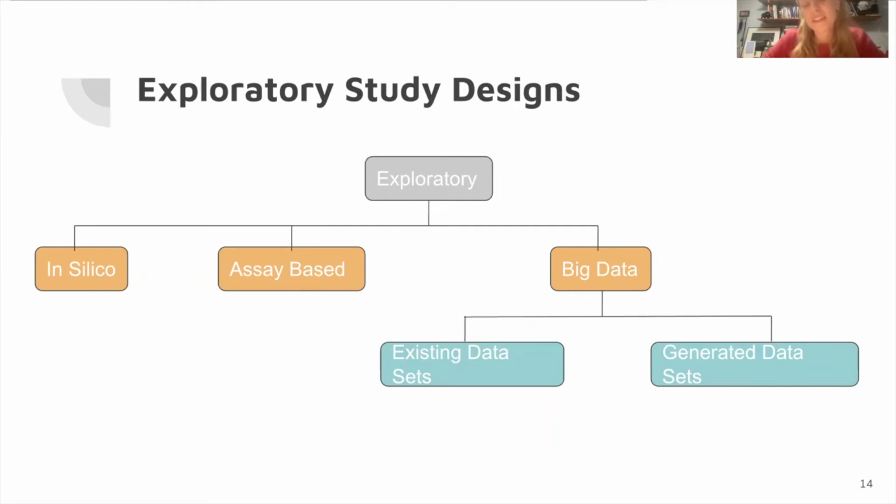So we can have existing data sets, like on the internet, you can just dredge all of Facebook or something. And we can generate our own data sets. Can anybody think of a data set that would be a big data thing that we would generate ourselves?